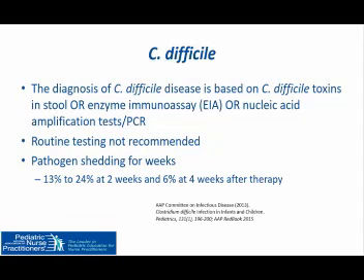So if you just randomly do a C. diff on kids, they could be positive 50% of the time, even if they're totally healthy. You don't have to worry about this, okay? As they get over age 5 and in adults, the carrier rate is less than 5%. So it's a much more accurate test to be doing when they're older. Because carriage is so common, we don't need to do routine testing in kids.